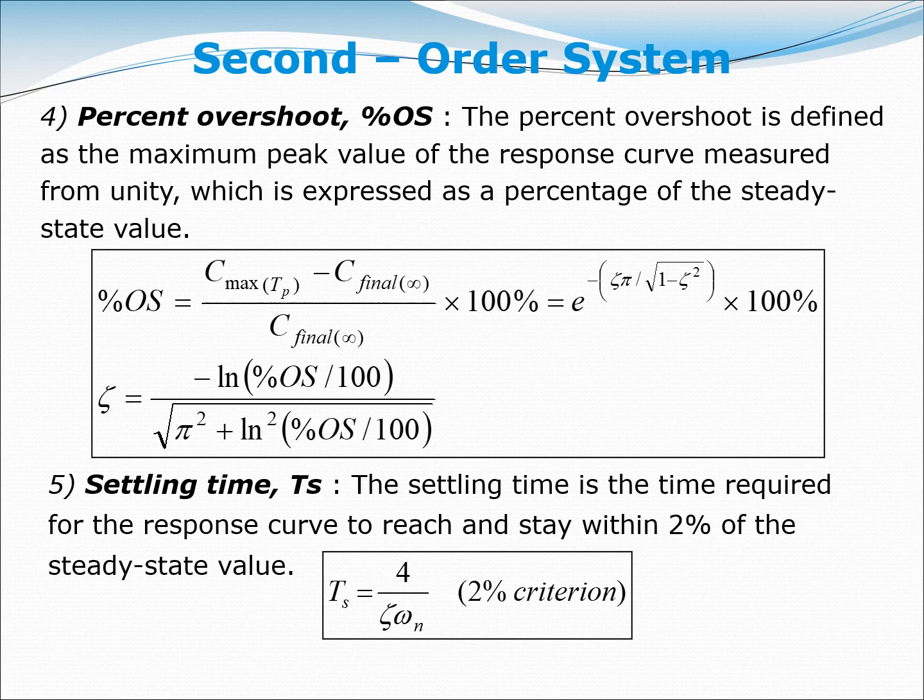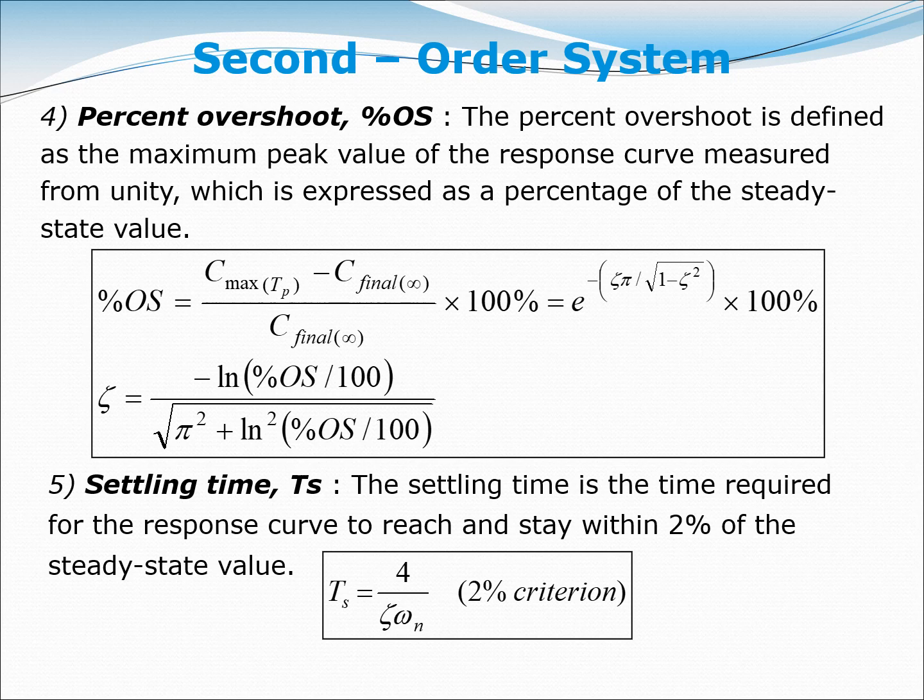Then you multiply by 100 and you will get the percentage of overshoot. Besides that, there is also a relation between the damping ratio and the overshoot as given in this equation.